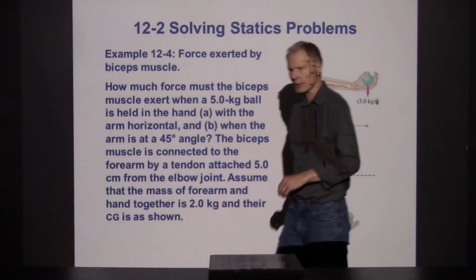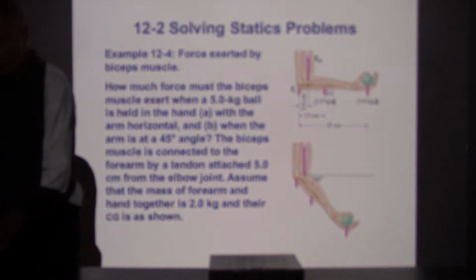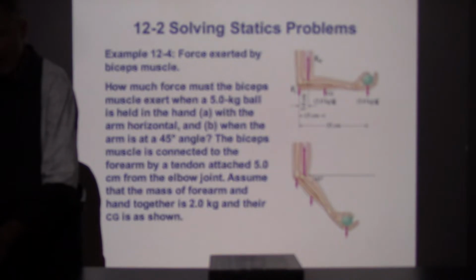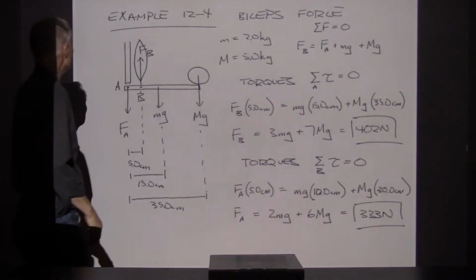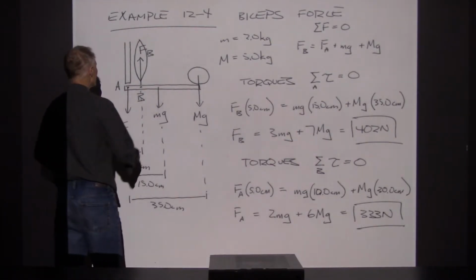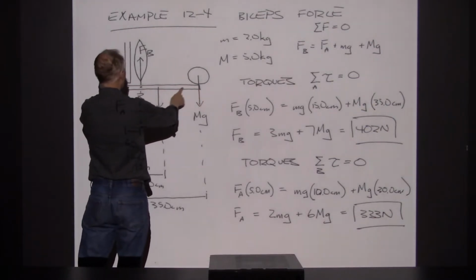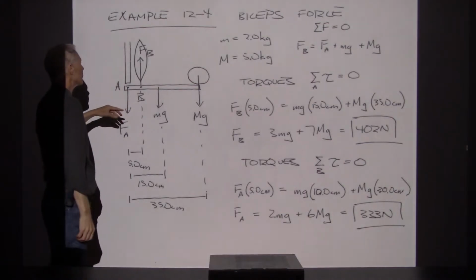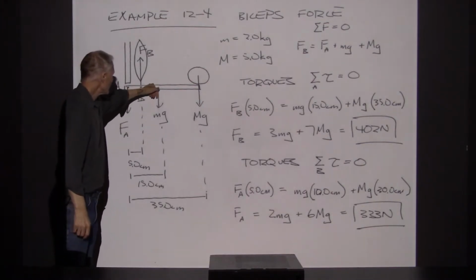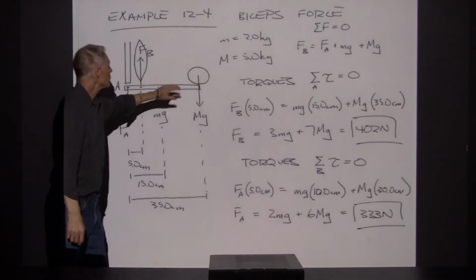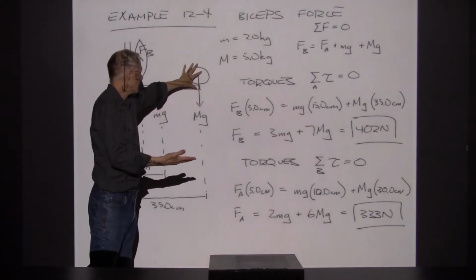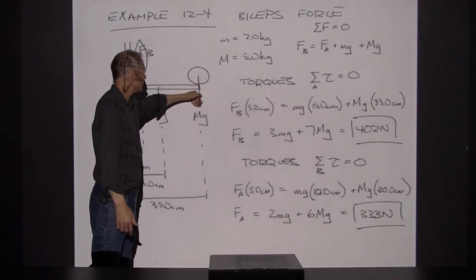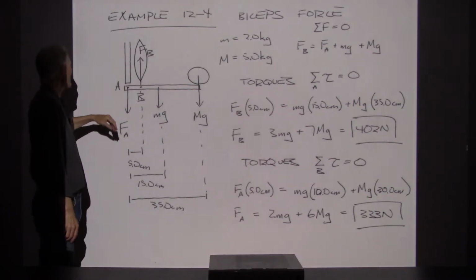So let's take a look at the numbers in terms of mass and in terms of distances. What it seems to be is that we want to look at the forearm. It looks like all of the forces that we were given: there's a gravitational force on the forearm, and there's an additional effect due to the gravitation acting on that 5 kilogram object.